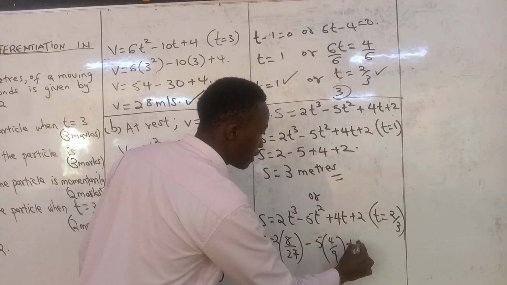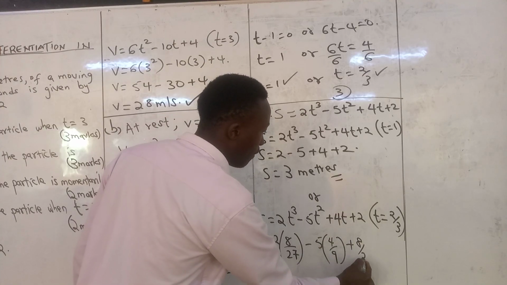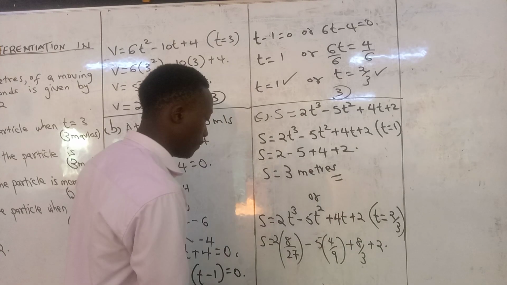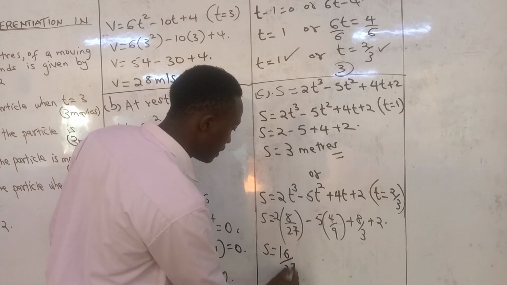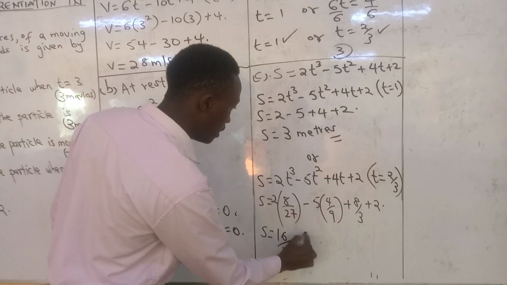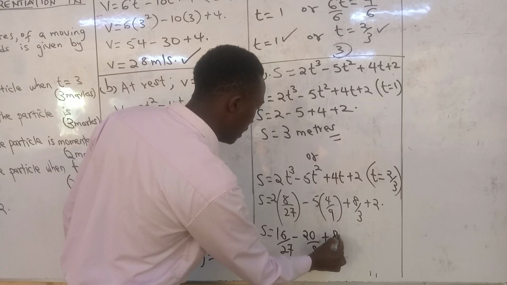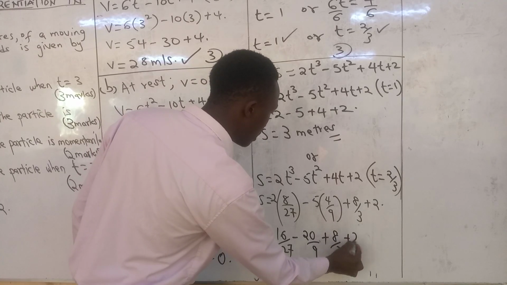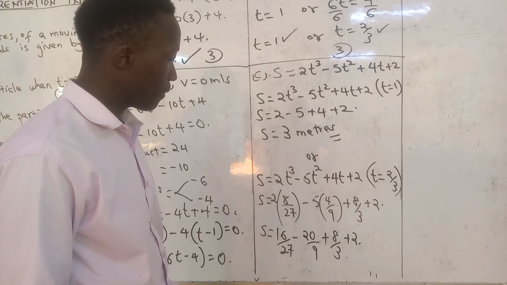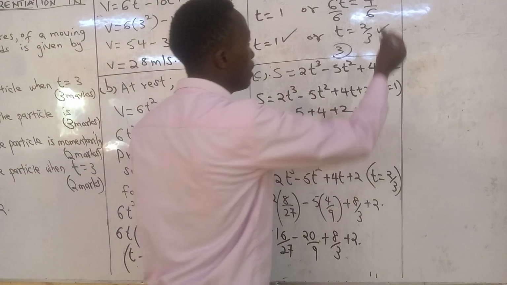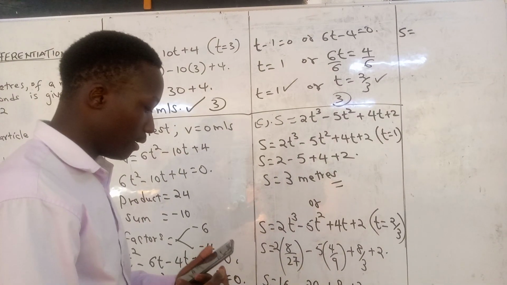Then we have plus 4 multiplied by 2 over 3 will be equal to 8 over 3 plus 2. So our S will be equal to 16 over 27 minus 20 over 9 plus 8 over 3 plus 2.